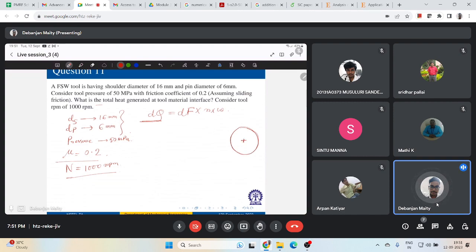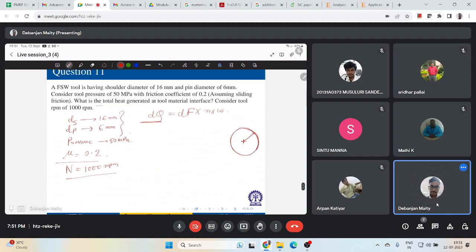Now my tool is cylindrical, right? My tool is cylindrical and it is having some radius. So here I am not saying anything about shoulder or pin. This is, let's say, having some radius. And this is theta. What will be dF, if dF is my force?